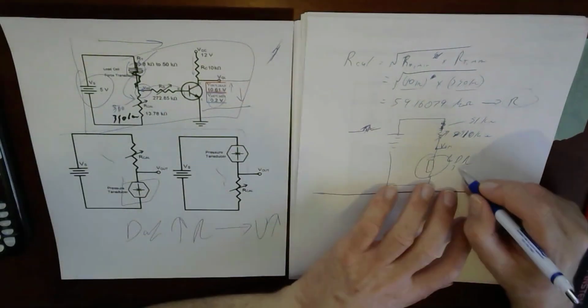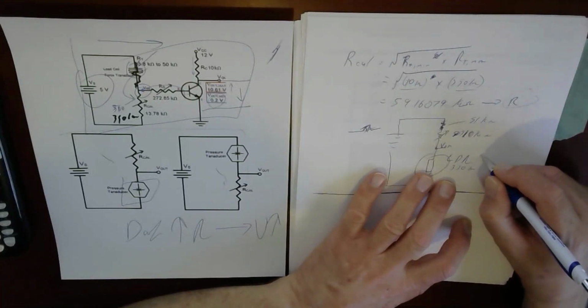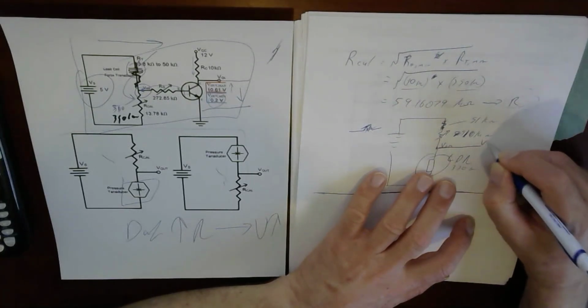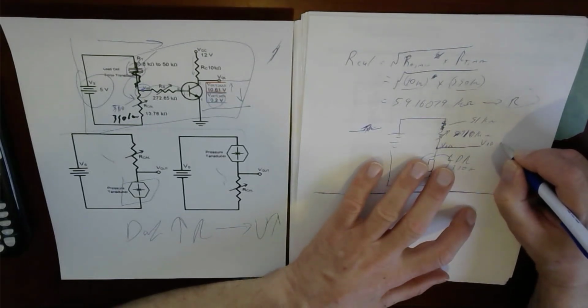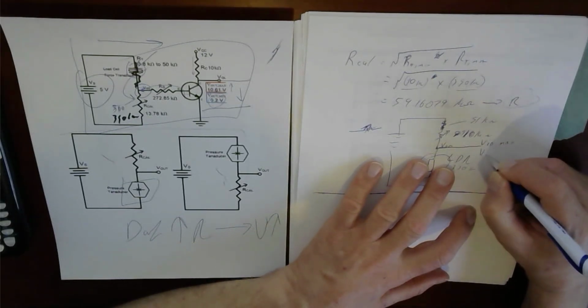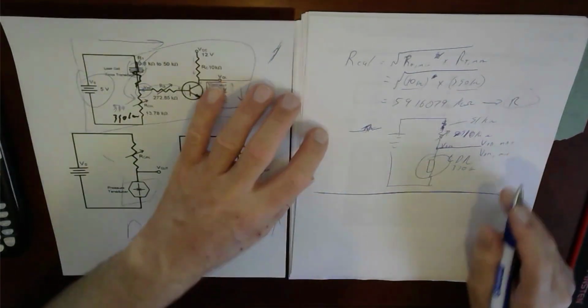So when this is at 350 kilo ohms, what's the V? Here we go. This is VBB. So I'm going to say VBB max and VBB min, and I'm going to calculate those.